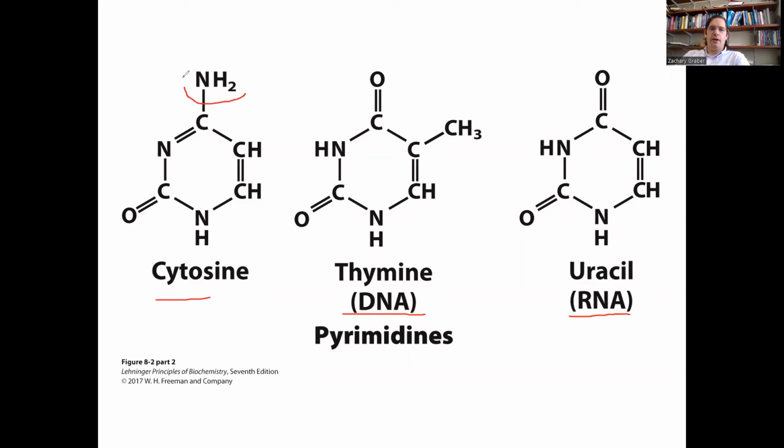Again, I'll circle our hydrogen bond donors. So we have an amine added to cytosine to make a great hydrogen bond donor. We also have hydrogen bond donors on our pyrimidine ring structure itself. So we have one each on the left side for uracil and thymine, and we have one on the bottom from all three structures.